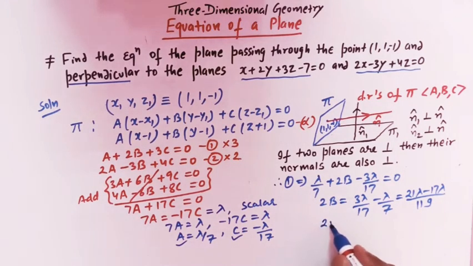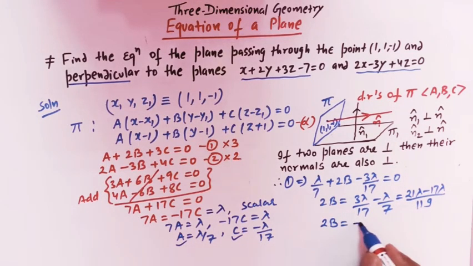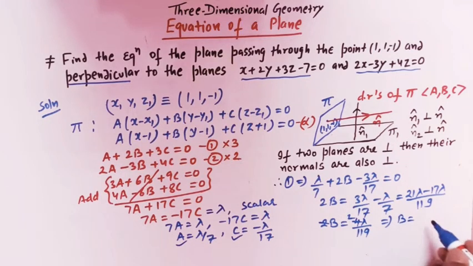So this is 21 minus 17, that is 4 lambda over 119, and 2 2s are 4, so b is equal to 2 lambda over 119, right?